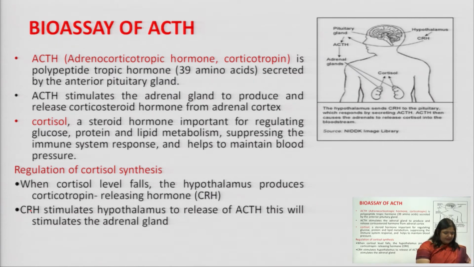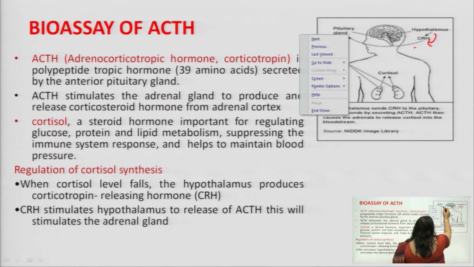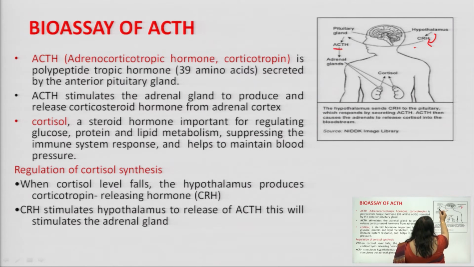You can see here in the diagram, when there is a decrease in the cortisol level, the hypothalamus stimulates the corticotropin releasing hormone. This corticotropin releasing hormone stimulates the pituitary gland, which then releases ACTH.